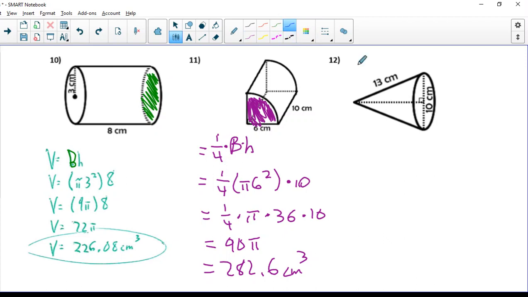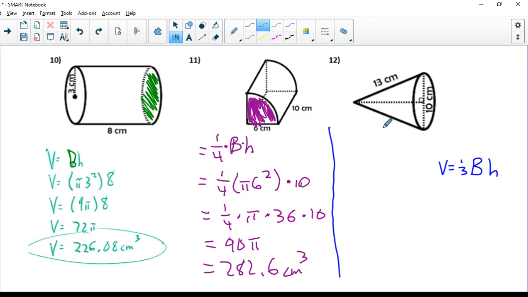Let's look at number 12, another difficult problem. So number 12, here I've got a cone. I'm going to use that cone formula, but I need to know what's the height. So my volume of a cone is 1/3 capital B for base times height. So the base here is just the circle. I'm going to use pi r squared for the circle, but the height I don't know. I know that the length is 13, but I need to work backwards here and use the Pythagorean theorem.